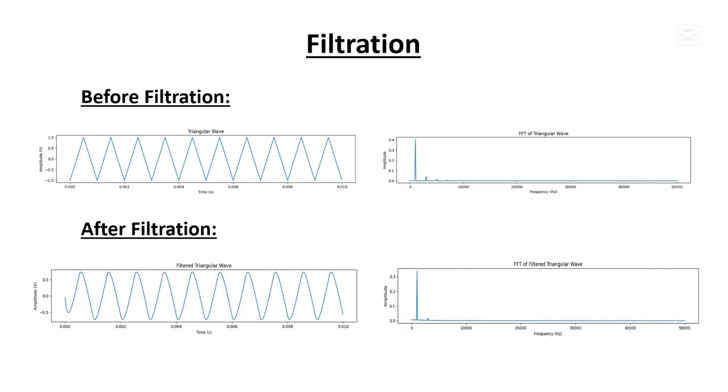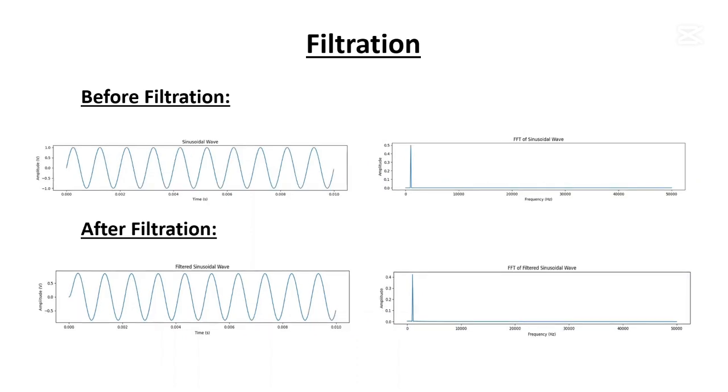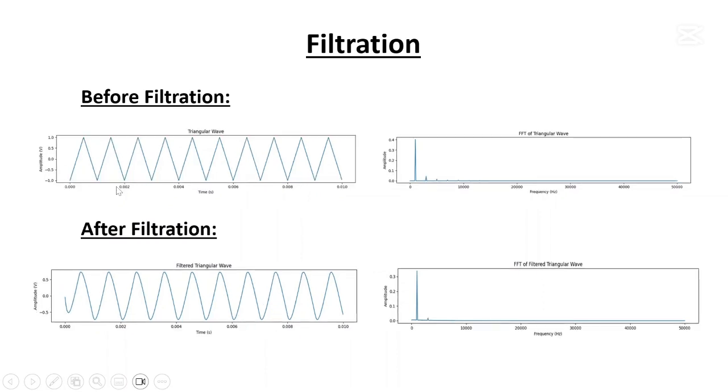if we talk about the triangular wave, before filtration it looks like this one. And as I have said, it is a sum of a frequency and its harmonics in frequency domain. After filtration, the edges will not remain just the edges. You can say that the whole wave is shifting towards the sinusoidal wave. You can see that there are no edges in a sinusoidal wave. These are curves, not edges.